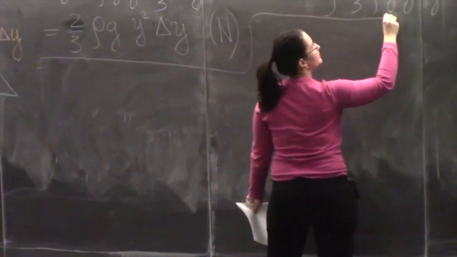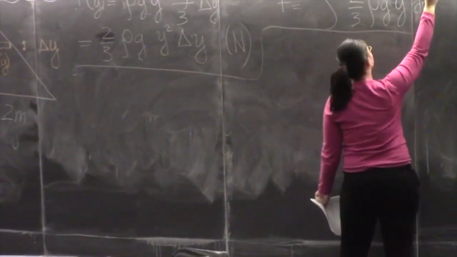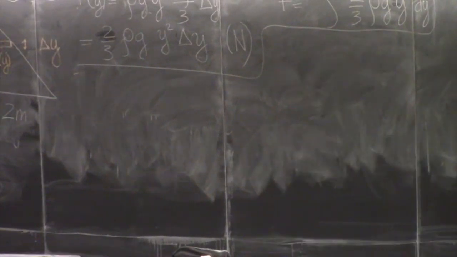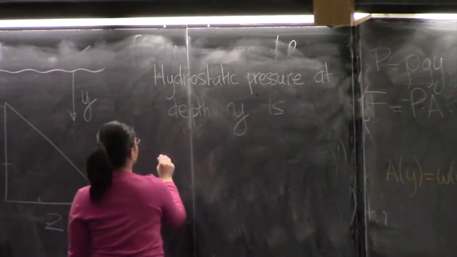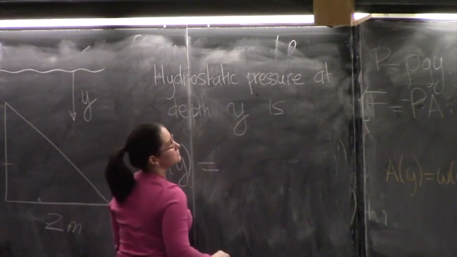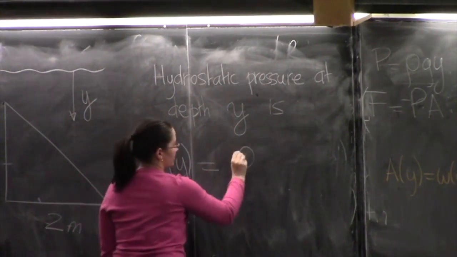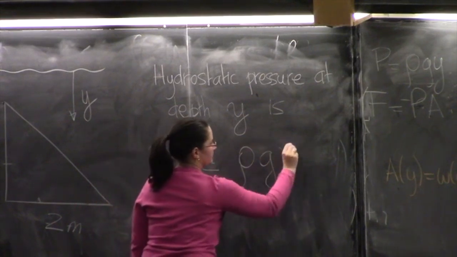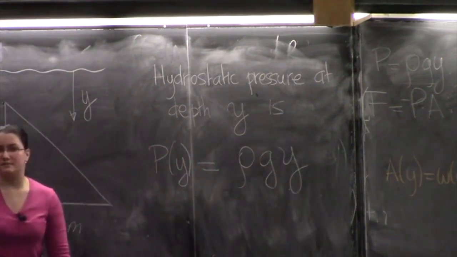I keep it over here, and I'm going to write around it. So, as before, the first thing that we can write is the formula for the hydrostatic pressure at depth y. And this one is going to be P of y equal to rho g y, just as before.